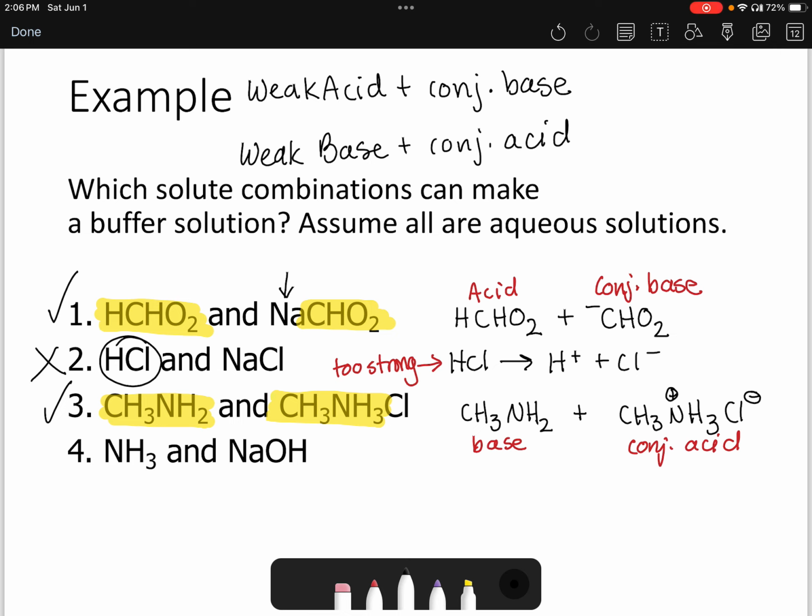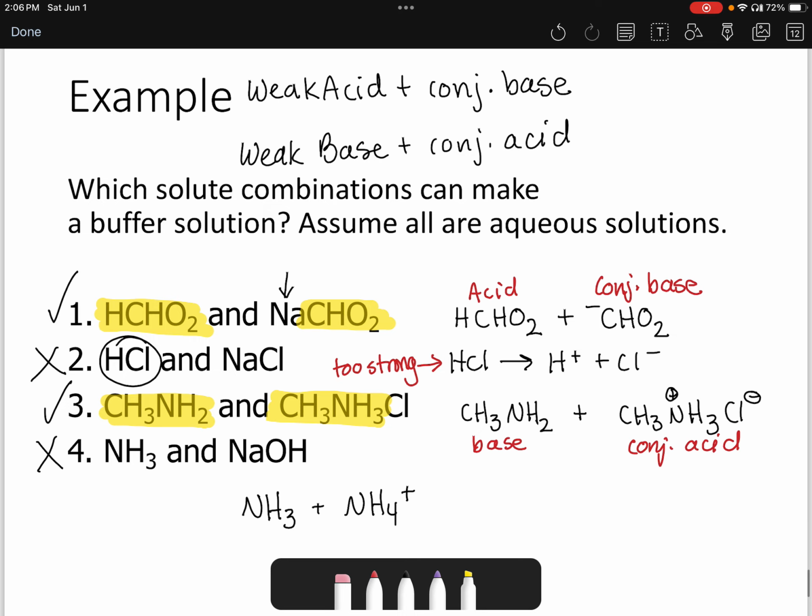So yeah, that probably isn't going to work because earlier we saw that the conjugate acid of NH3 is NH4 plus, not OH minus, right? So that wouldn't work as a buffer. So again, just the main point of this example is to show that a buffer consists of either a weak acid and its conjugate base, or a weak base and its conjugate acid.